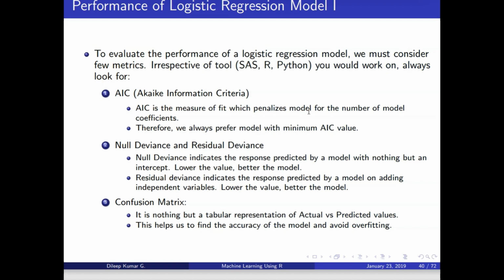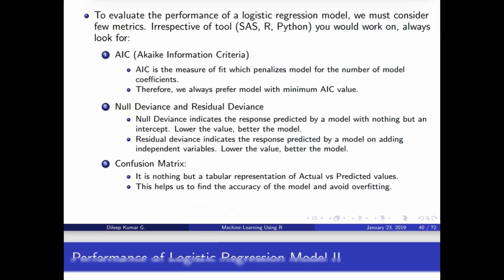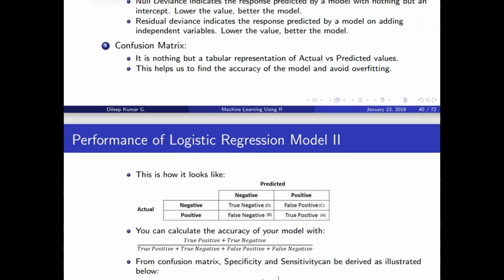And then the confusion matrix, of course, for a classification model, which presents the actual versus predicted values. So you can have a tabular view of the accuracy of the model, and avoid overfitting.